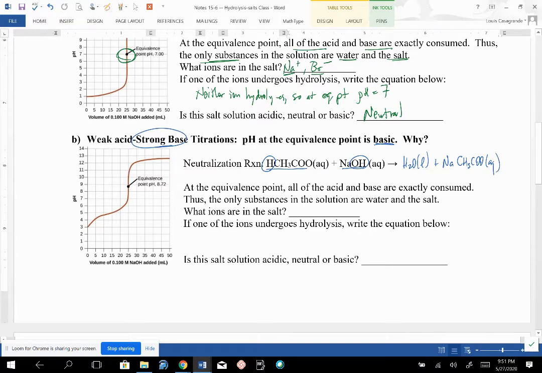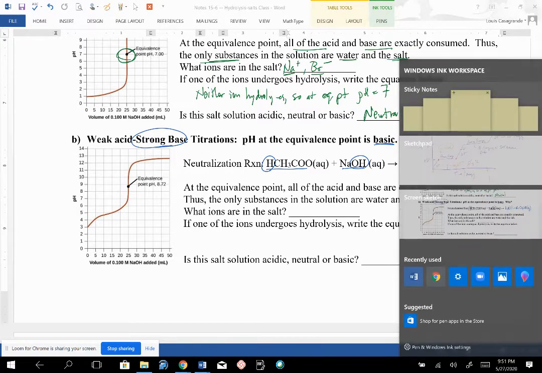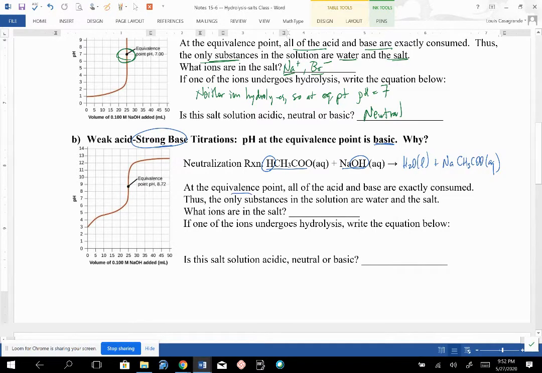Now, we did see this up above, but this is how it's going to help us to understand what's going on here. Again, at the equivalence point, the acid and base are consumed. The only thing we have is the water and the salt. Water is water. What's the salt doing? The ions are sodium and acetate.